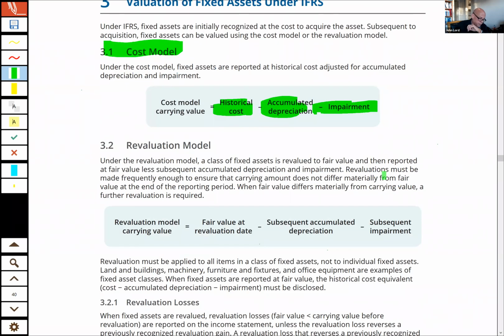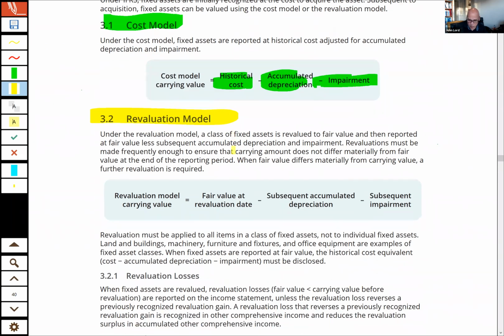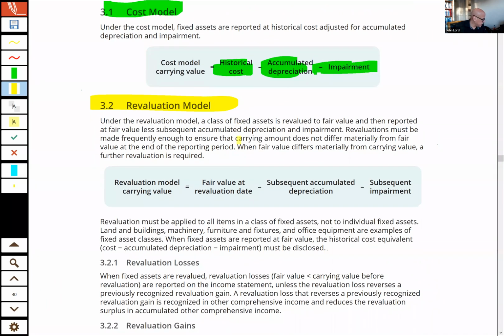Now again, IFRS is being de-emphasized, will be eliminated in July of this year of 2021, but we do have the idea of a revaluation model under IFRS, and IFRS does allow an entity to write its fixed assets up above the historical cost, and so we're going to have a little different approach than we have under US GAAP.